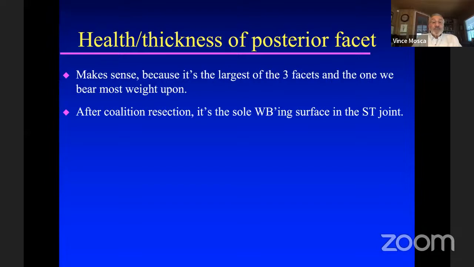And in fact, in a normal foot, of the three facets, the posterior facet does most of the weight bearing because it's the largest, most horizontal. So the health of the posterior facet would seem to be the primary indication for whether one should resect the middle facet coalition or do something else, not anything to do with the size of the middle facet coalition.